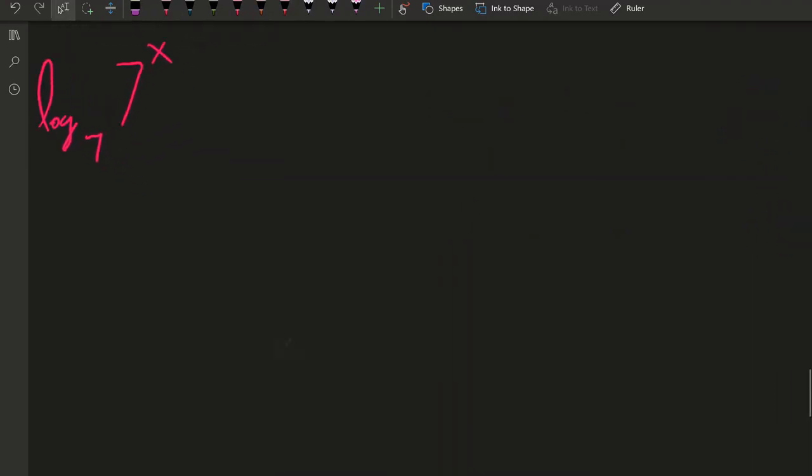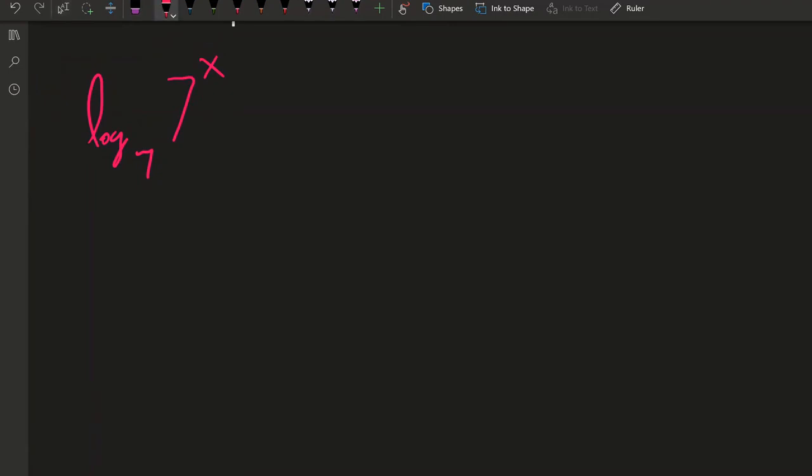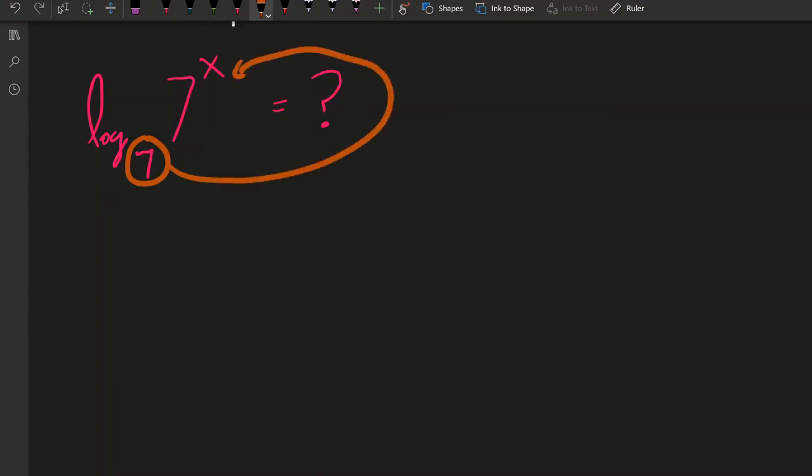Okay, going back to this inverse property, what happens here? Well, I want to say log 7, 7 to the x equals something. I don't know what it is. But now that I have it set up like this, I can use that hook rule we talked about earlier to rewrite this as an exponential.